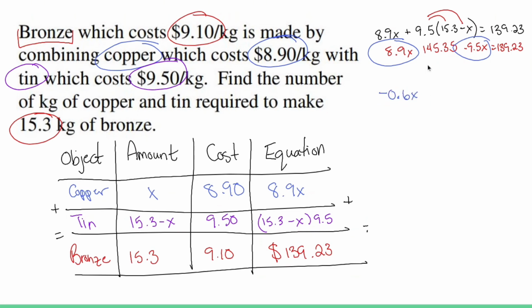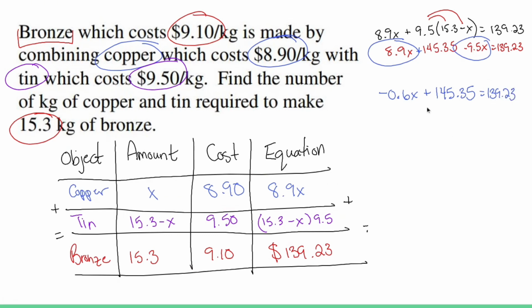Now, you might be a little nervous by that negative, but we'll see what happens. Right here, I drop down the positive 145.35, because that was positive. I may have forgotten a plus sign there. And that's going to equal 139.23.